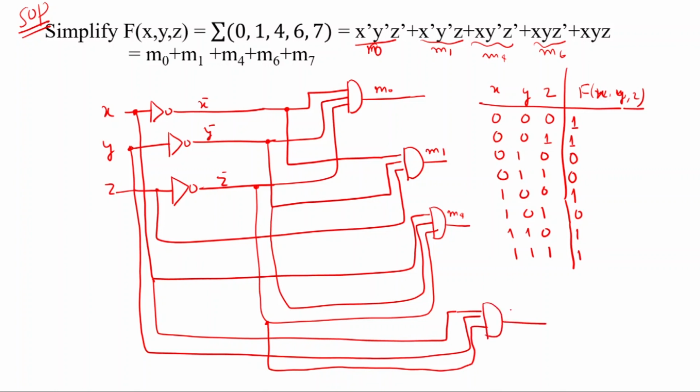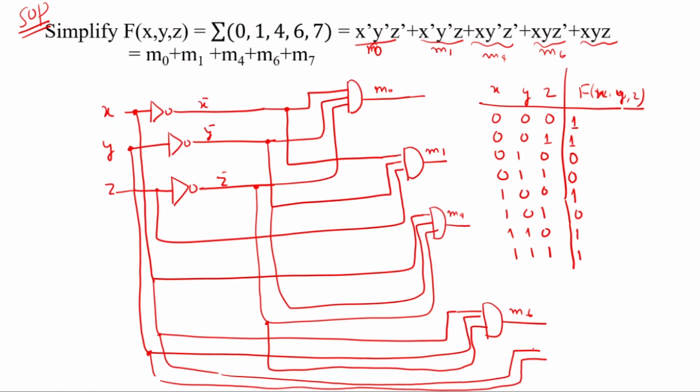This represents m6, meaning this term value is 1 when the inputs are 1 1 0. Then the next term is what? X y z, meaning all are 1 1 1 here. This is taken as x is taken from here, y is taken from here, and z is taken from here.